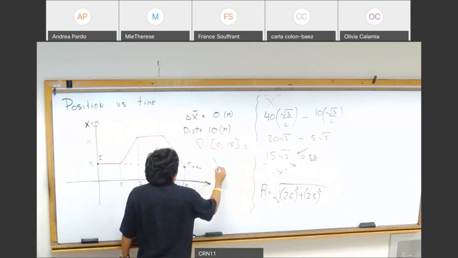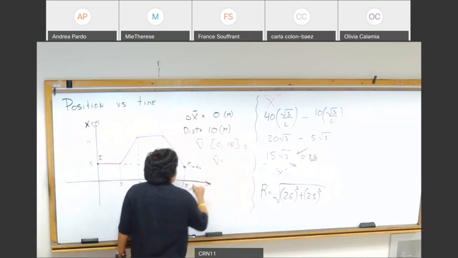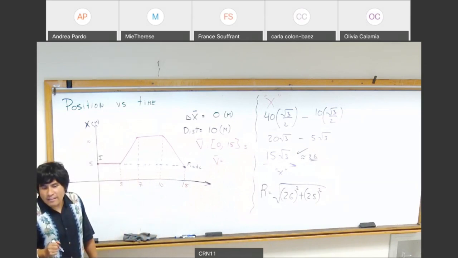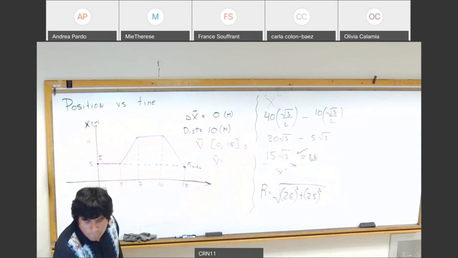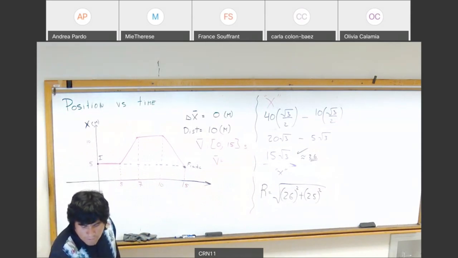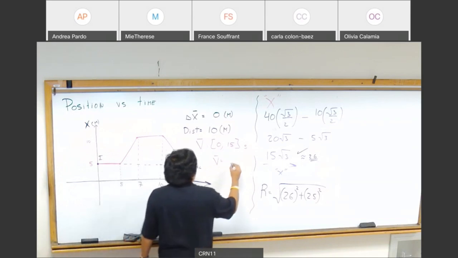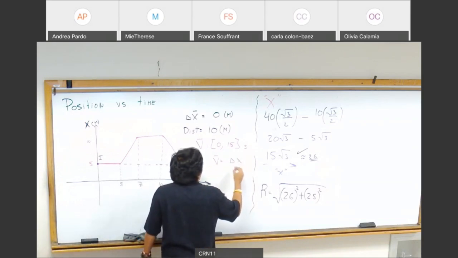What's the definition of velocity? Velocity is displacement over time.